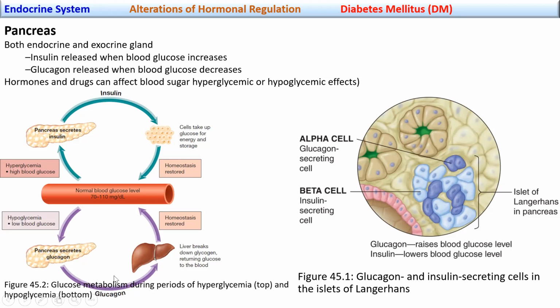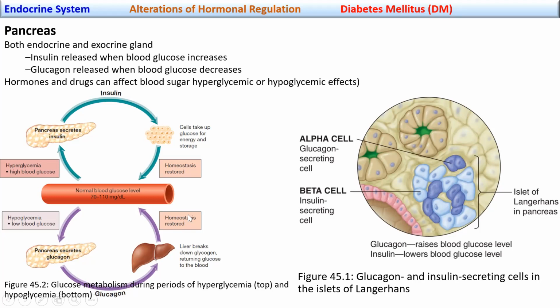So glucagon stimulates the liver to break down these glycogen molecules, converting the glycogen into glucose, which enters the bloodstream, and homeostasis is restored.